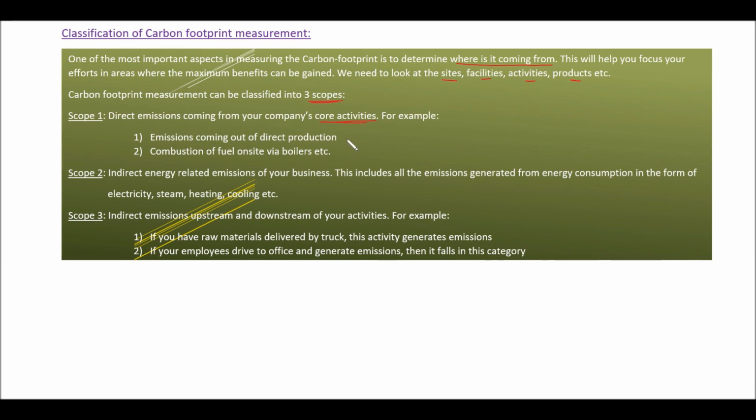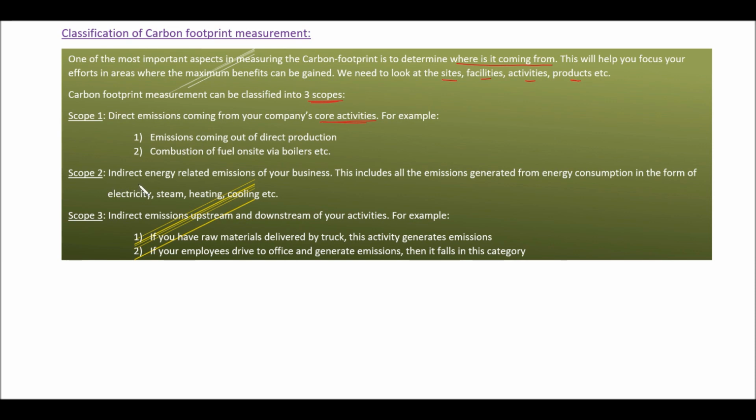If you are in the business of production, then in order to produce your products, you may be having emissions coming out. Similarly, if you're using boilers as part of your production facility, the consumption of fuel for the boilers could be a source of emissions. Now let's look at scope 2.